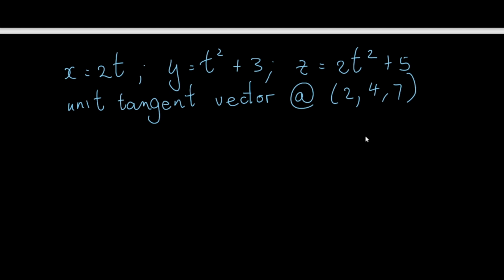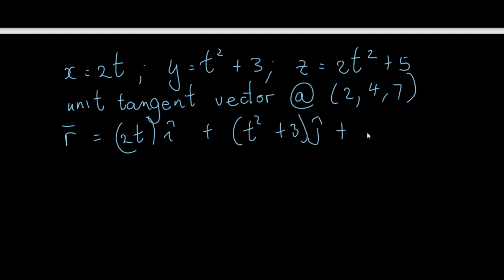Okay, so what do we do? Well, we write our position vector in terms of its components. So we'd have 2t as the x component, t squared plus 3 as the y component, and 2t squared plus 5 as the z component.